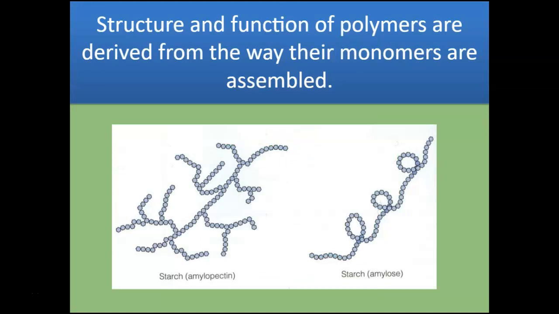Here are two different polymers assembled from the same monomers. However, their arrangement is different. Amylopectin and amylose are both starches. They're both made from the same monomers, but the arrangement is different. This difference causes a difference in function.